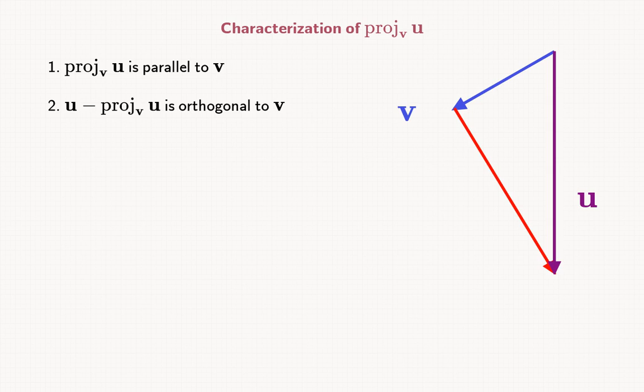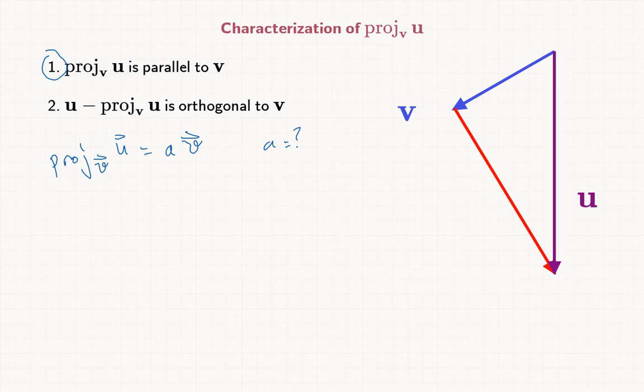So that formula is forced on us just by these two properties. First, property 1 tells us that if proj sub v of u is parallel to v, then it's equal to a v for some real number a. So we just need to figure out what a is.